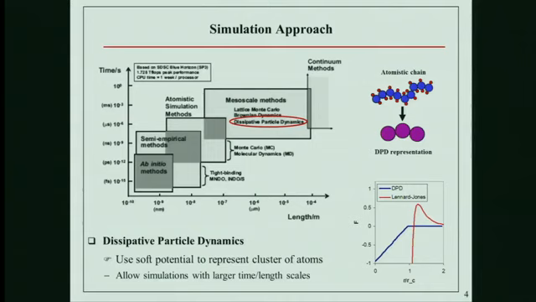So we use dissipative particle dynamics, which is a mesoscale computational method. This is a nice diagram showing a bunch of methods, and DPD is here, in between continuum methods and atomistic methods, right?